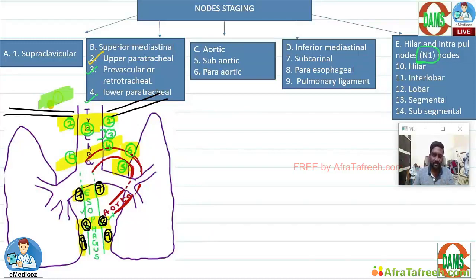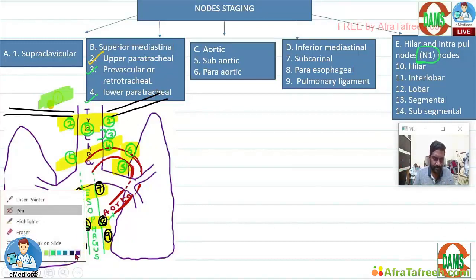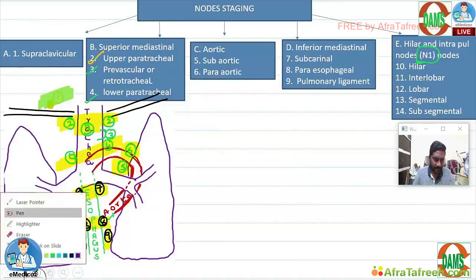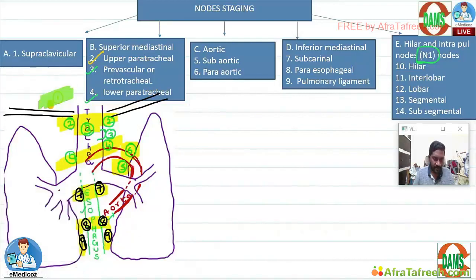Where are they seen? Hilar lymph nodes, somewhere here, and interlobar lymph nodes, somewhere here, between the lobes, and still going deeper.